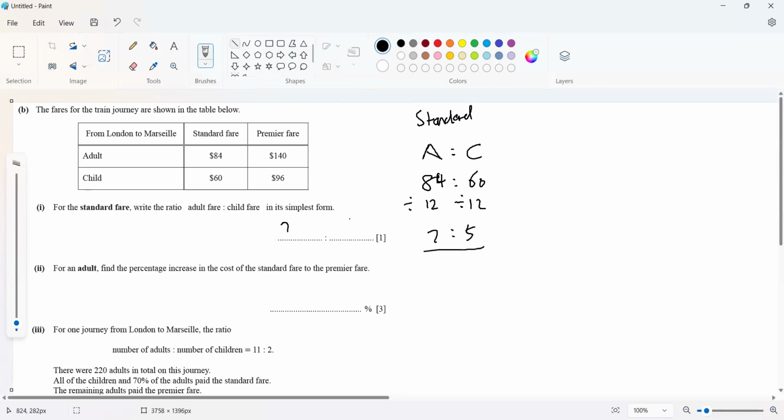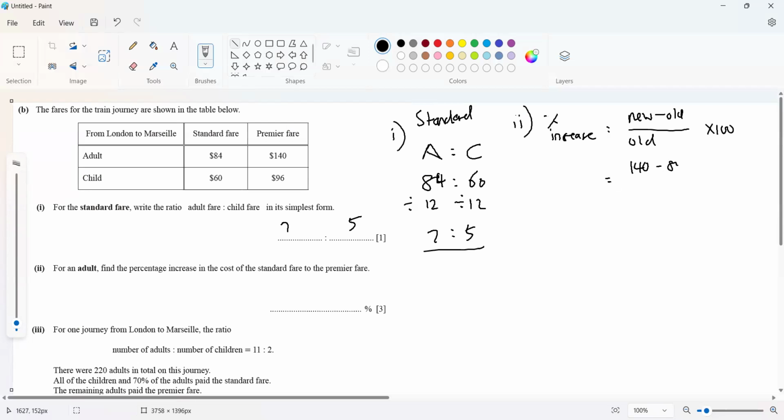So that's a quick calculation. So in part 2, for an adult, find the percentage increase in the cost of the standard fare to the premier fare. So adult increasing from standard to premier, this is a percentage increase equation. So for percentage increase, we will take the new minus the old, divide by the old, multiply by 100. So the new is the higher fare, the premier fare.